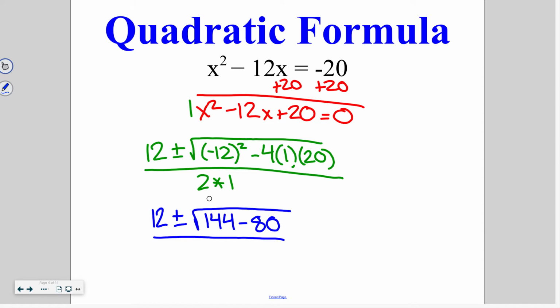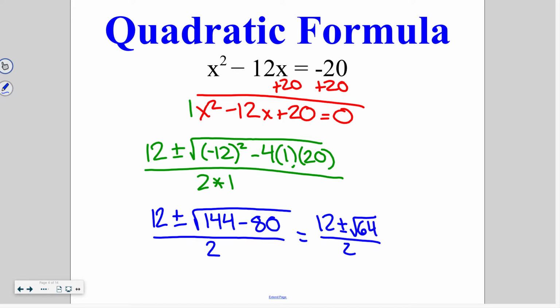And simplifying 2 times 1 is 2. It is still a little bit complicated to put this into the calculator and deal with parentheses. So I'm going to simplify 144 minus 80, which is going to give me 12 plus or minus the square root of 64 over 2.